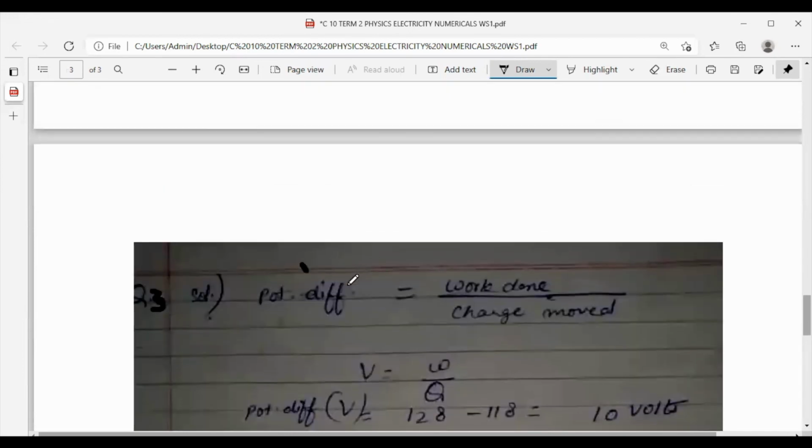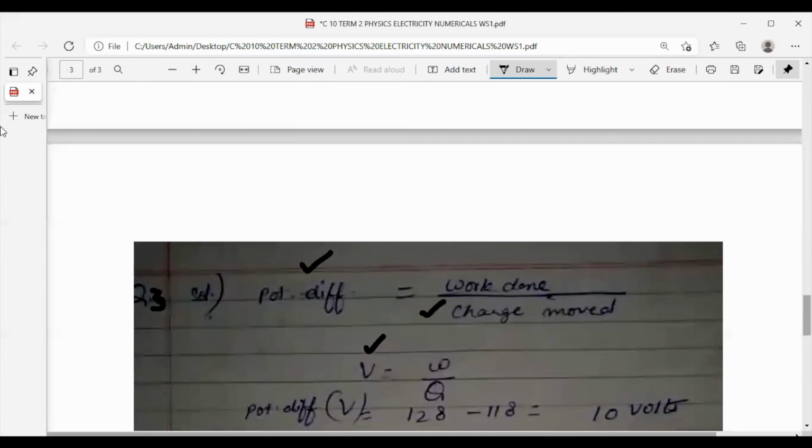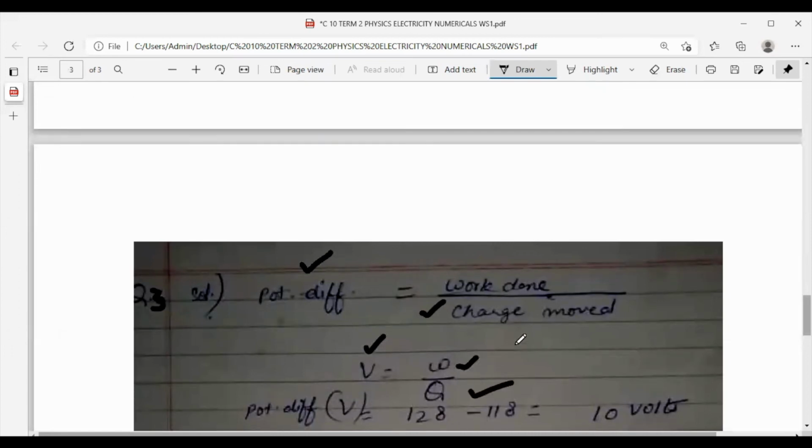We know that potential difference, that is V, is equal to work done by charge moved from one place to another. So work done is given by W and charge moved is given by Q. Here potential difference means final minus initial, that is 128 volts minus 118 volts. It will give you a potential difference of 10 volts after subtraction.